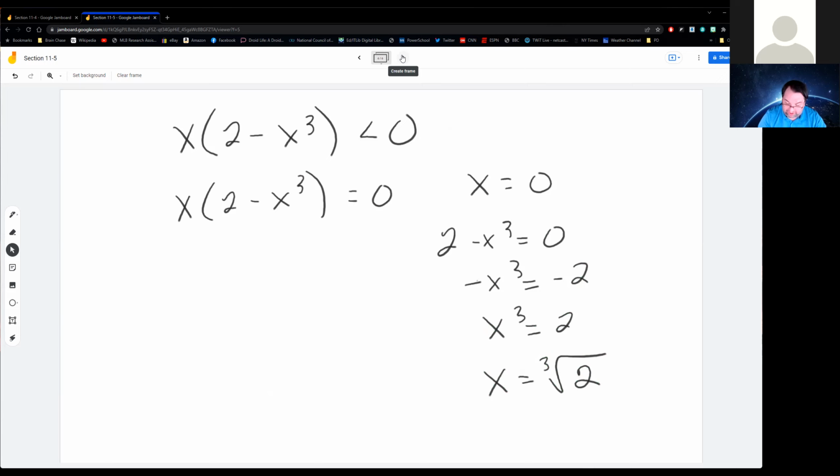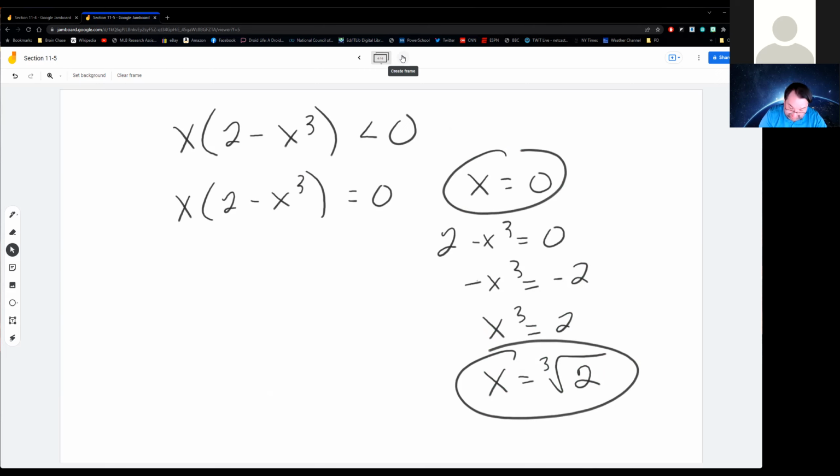So that's where it switches values, right? In this situation, this value right here is going to be negative when x is less than 0. In this situation, x is going to be greater than the cube root of 2 to make that 0 or to make it negative.